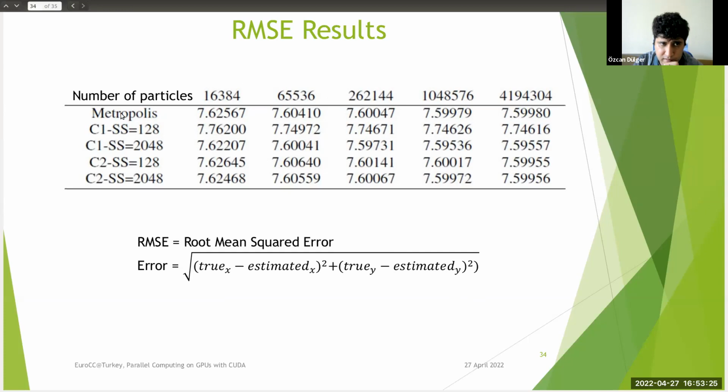These are the numbers of particles, and these are the configurations of the algorithms: Metropolis, C1, and C2 of all configurations.